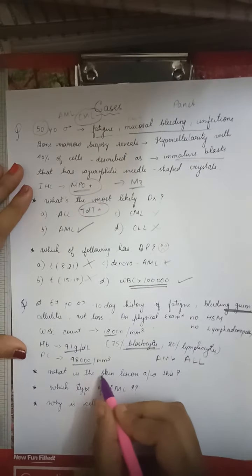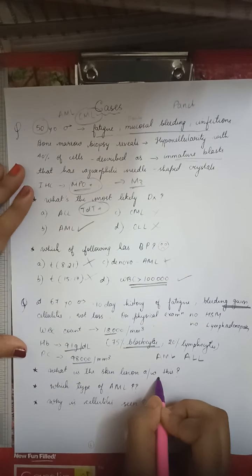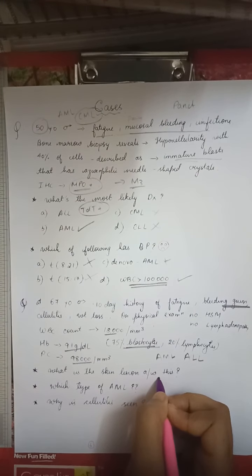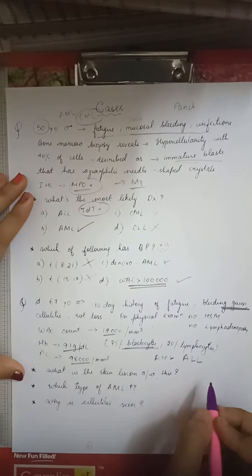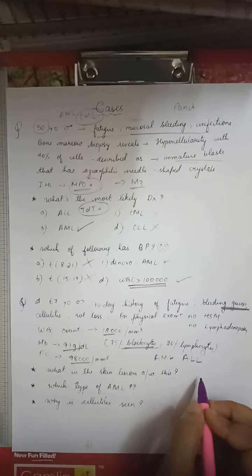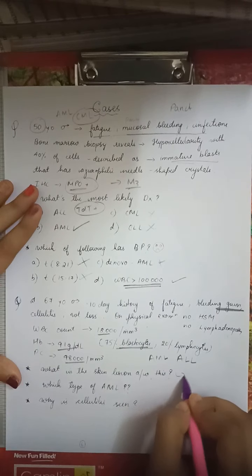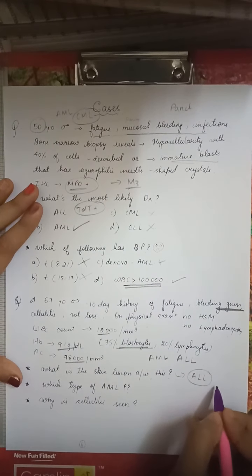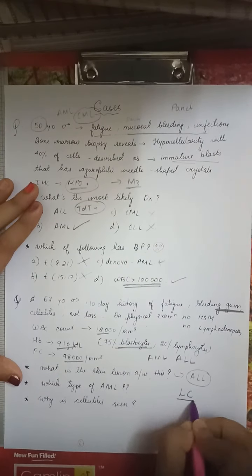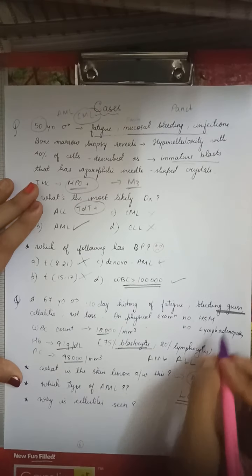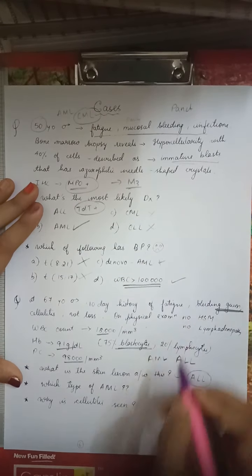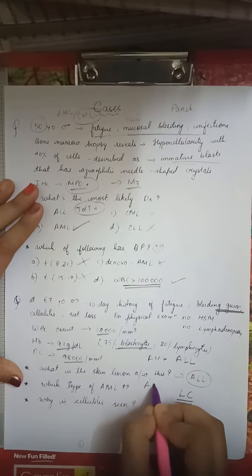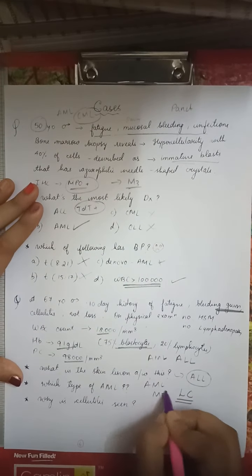Which type, and what is the associated skin lesion? I told in the starting that there is formation of infiltrates which go and sit in the skin. If it is ALL, there can be leukemia cutis, which I told earlier. But here bleeding gum is mainly associated with AML M5, the 5 rupees bubble gum, which I told.